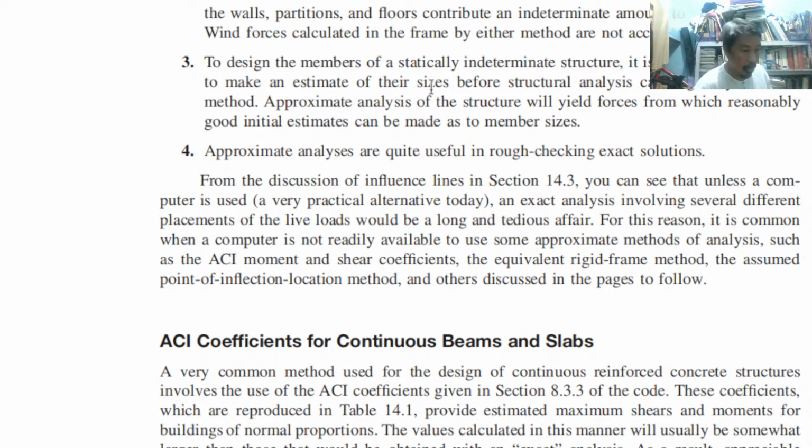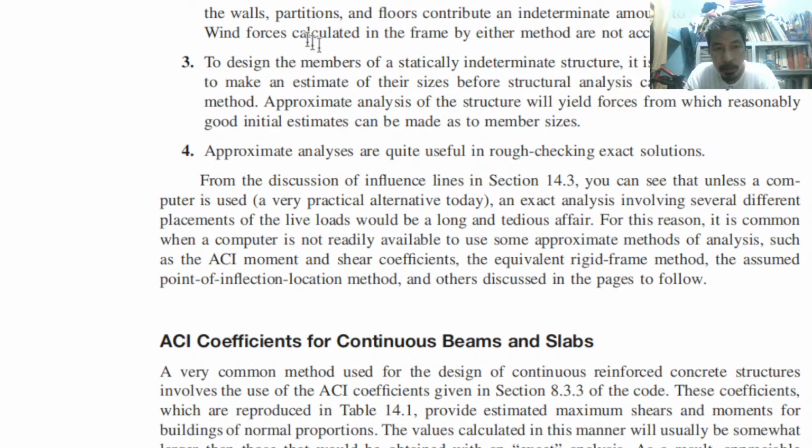For example, initially, we need to determine the dead load, and included in the dead load is the self-weight. Therefore, we need to estimate the initial dimension of the element that we can try so that we can proceed with our exact computation.